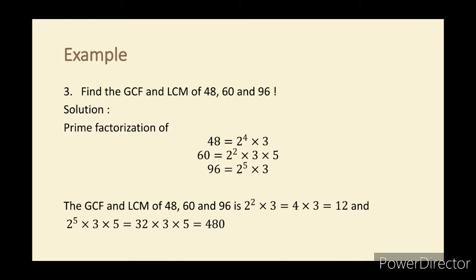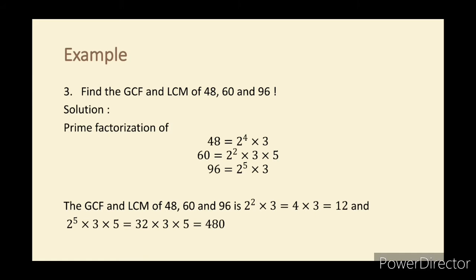Number 3. Find the GCF and LCM of 48, 60, and 96. Solution. Prime factorization of 48 equals 2 raised by 4 times 3. 60 equals 2 raised by 2 times 3 times 5. 96 equals 2 raised by 5 times 3.